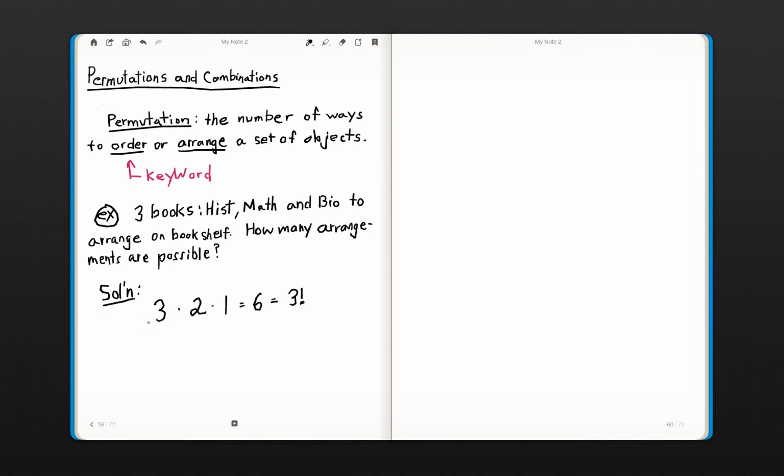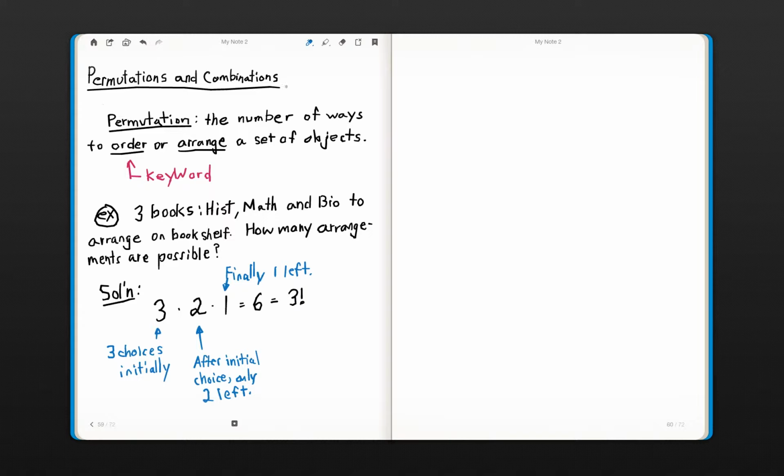So again, initially we have 3 choices, and this will work in general if you had, say, 10 books or even 100 books to arrange on a bookshelf. The answer would be 10 factorial or 100 factorial respectively, and it would literally count all possible orderings or arrangements of those books for the bookshelf. And again, what's important is order. So we are counting order.